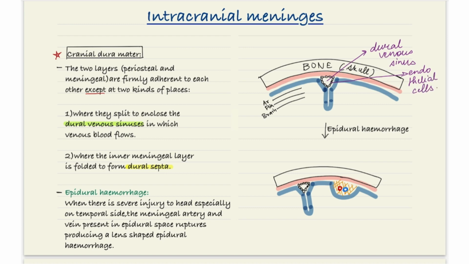Now in this dural venous sinus, the venous blood flows. Next, where the inner meningeal layer is folded to form the dural septa. So this is the dural septa. The inner meningeal layer folds to form the dural septa.